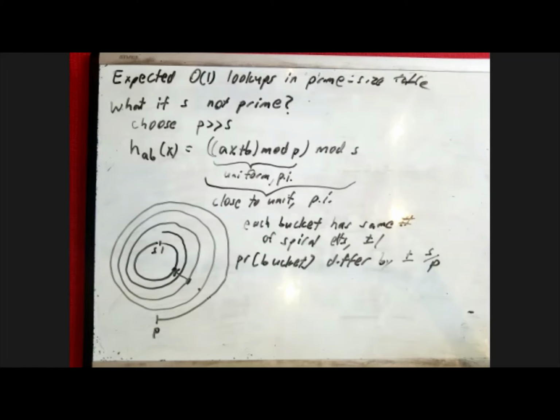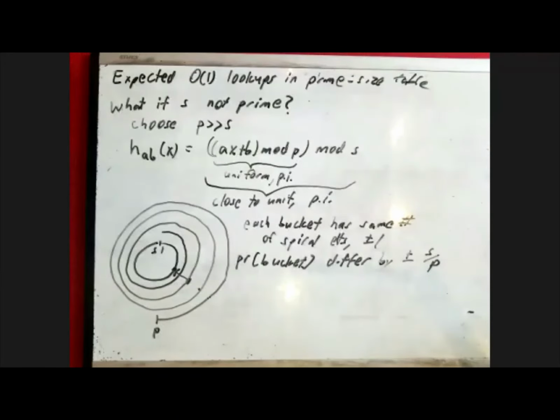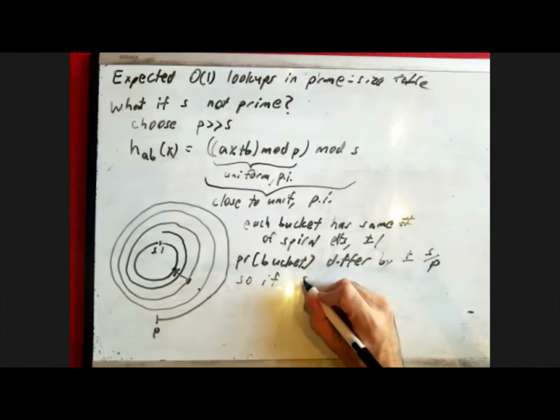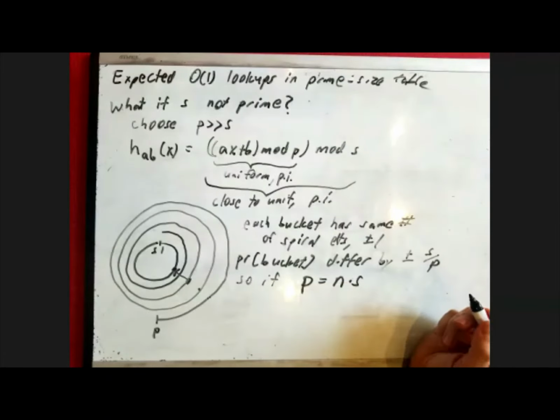Okay. So there's a difference of probabilities by only S over P. So if, for example, we set P equal to N times S, right?